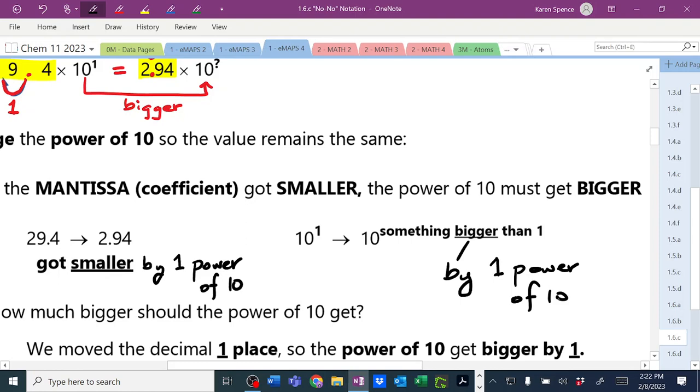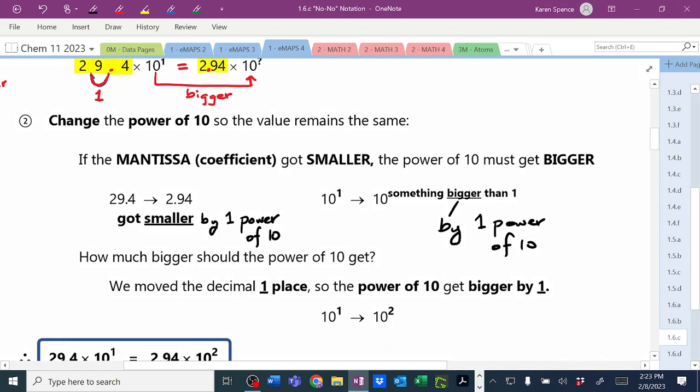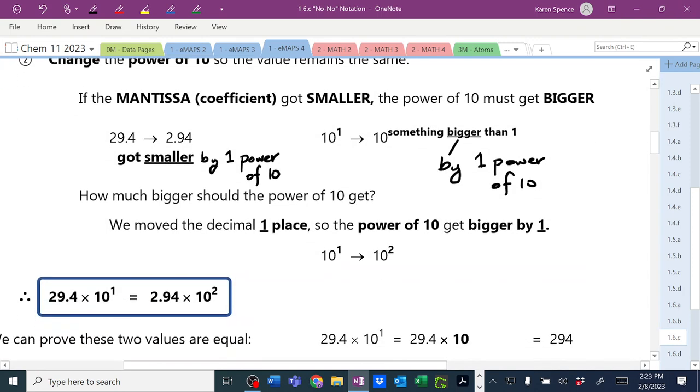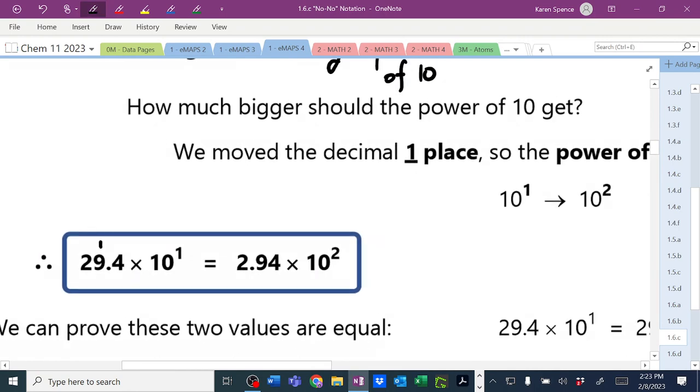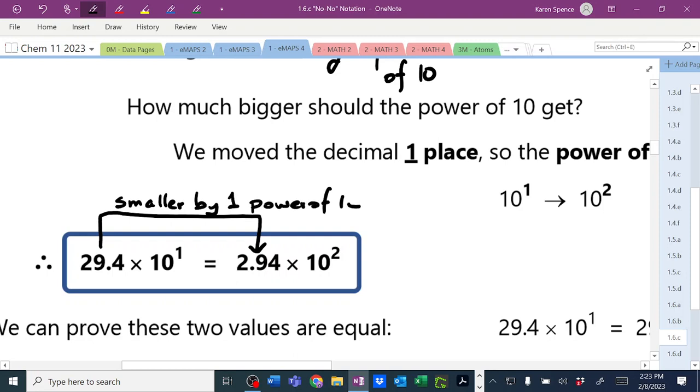It's going to go from 10 to the 1 to 10 to the 2. Okay, so 10 to the 1 becomes 10 to the 2. So 29.4 got smaller by 1 power of 10, and the exponent got bigger by 1 power of 10.